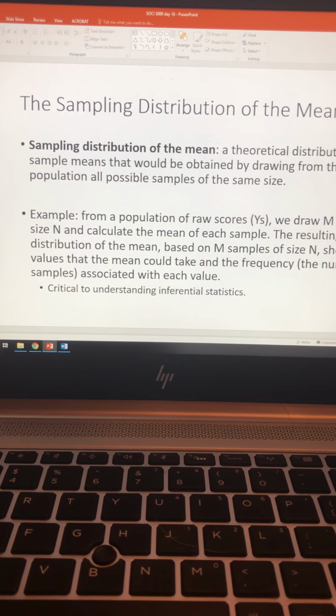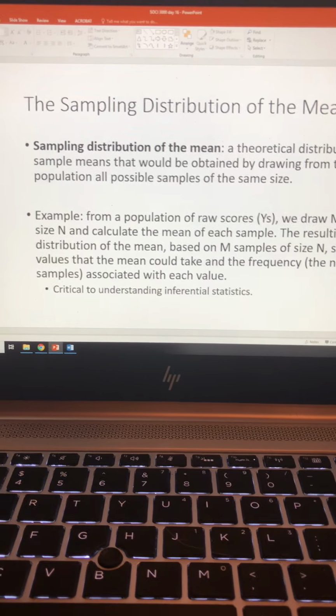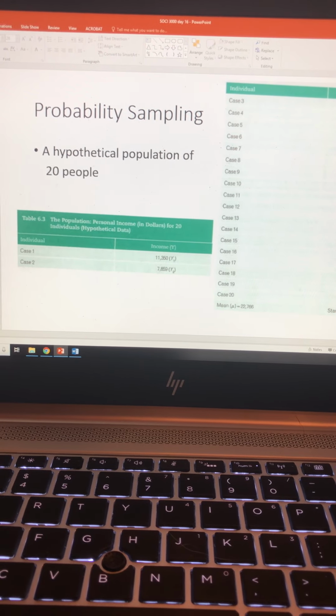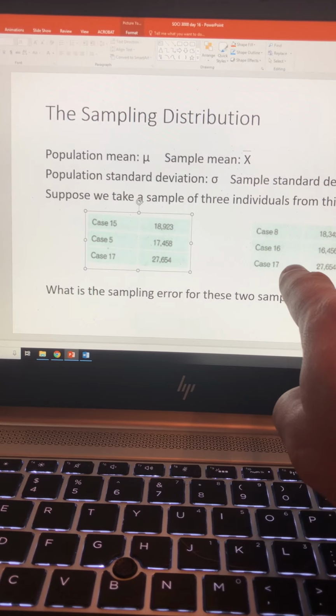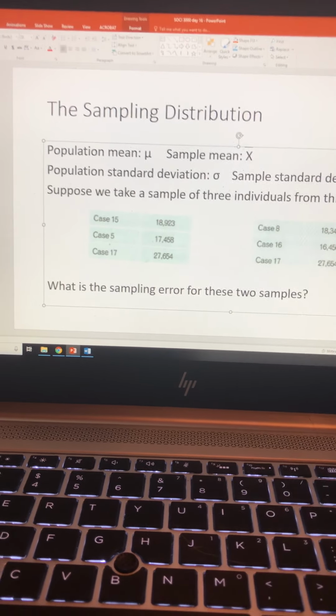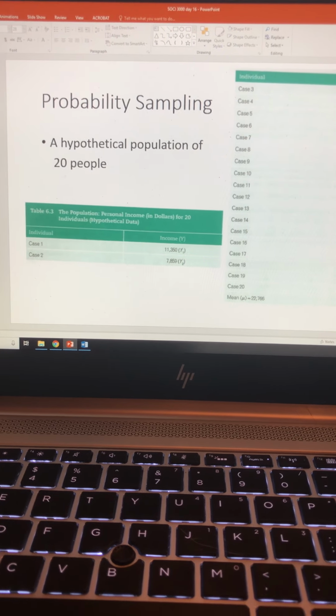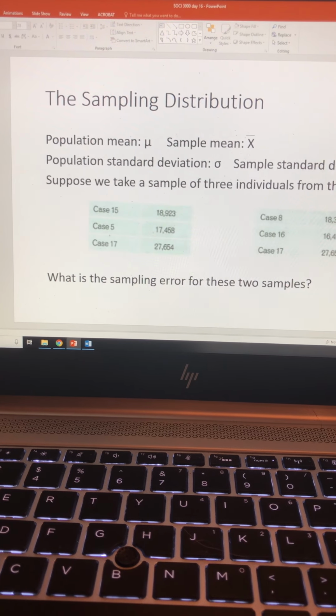hypothetically, back to the example here, if we kept taking samples of 3. I did 2 examples where I took samples of 3, but what if I continued to take samples of 3 from this population?